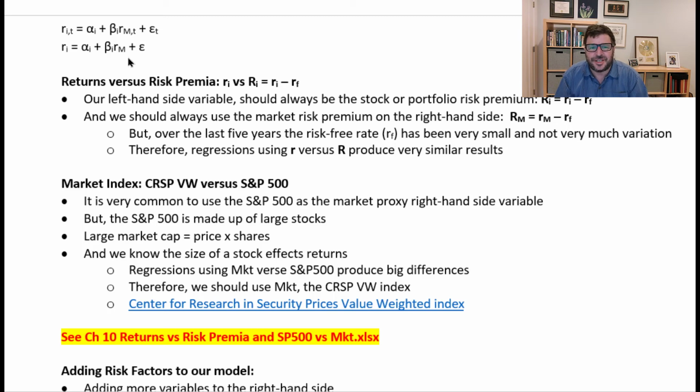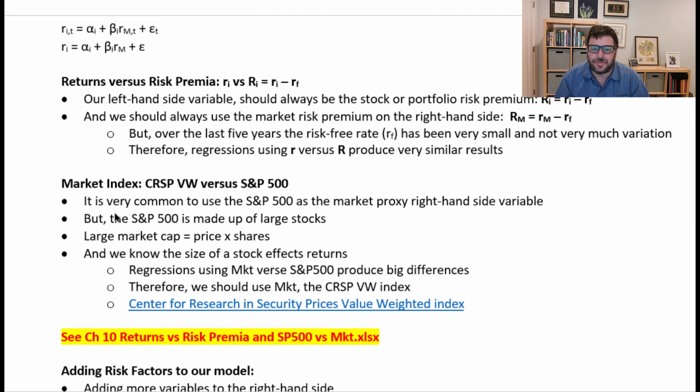The second thing is, what should I be using for my market index? Should I use the S&P 500, or should I use this, and this is a very common market measure, called the Center for Research in Securities Prices, the CRSP Value Weighted Index. It's very common to use the S&P 500 as the market proxy on the right-hand side.